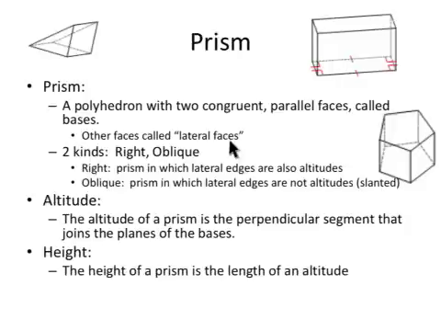So if we're looking at this prism right here, we have a pentagon up here and another pentagon down here, and those are our two parallel faces that we're going to call bases. When we're talking about them in formulas, we're going to use capital B for the area of that base, but we'll get to that later. And then the other faces are all rectangles, okay?